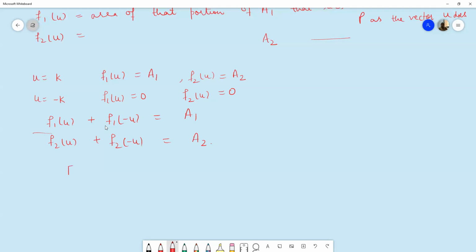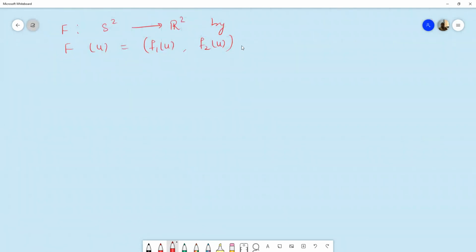Now we consider a mapping F from S2 to R2 given by F of U equal to small f1U, f2U. We know f1U and f2U are areas, and area is a real number, so this is basically an ordered pair that belongs to R2.